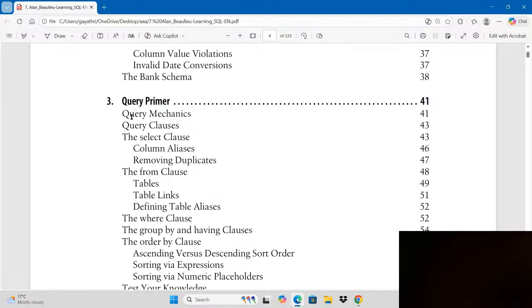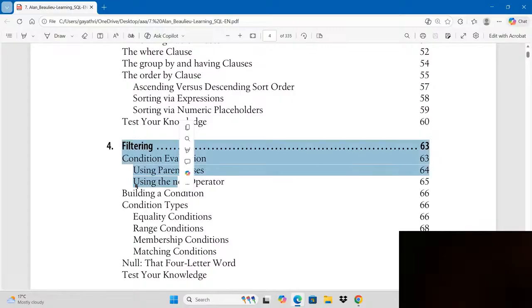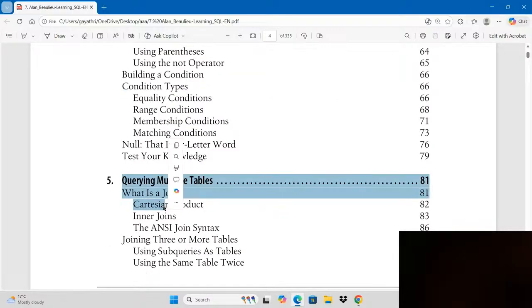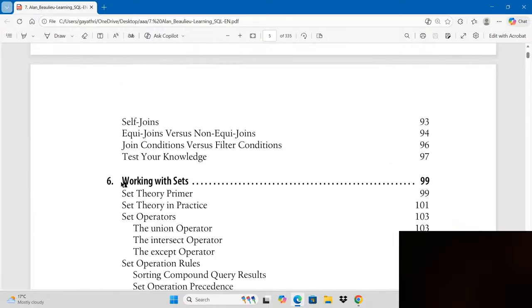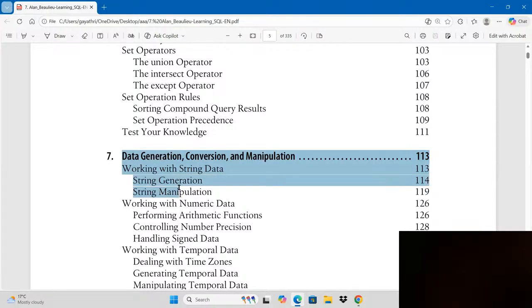Query primers. I don't know what this means. Mechanics, query classes. Okay, we'll see all these. Filtering. This is the regular thing. Querying multiple tables. Working with sets. Data generation, conversion and manipulation.